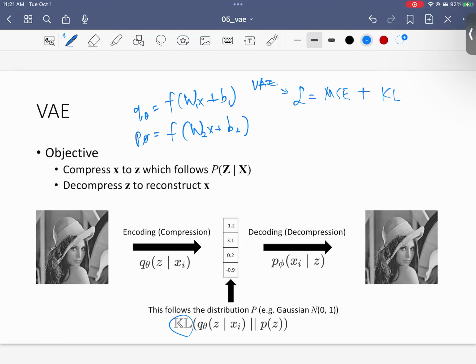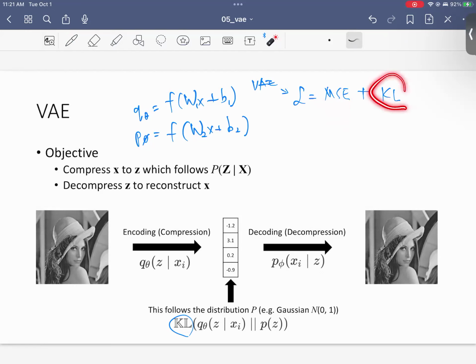In the VAE loss function, this part is the original autoencoder reconstruction loss. This is the new regularization, just like what we did in the sparse autoencoder. We had a sparsity-inducing regularization term, such as KL divergence, and also L1 regularization, right? It's just like that.